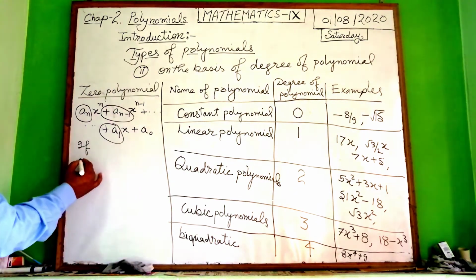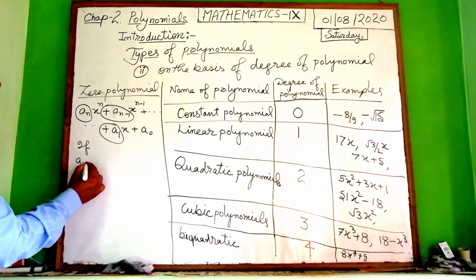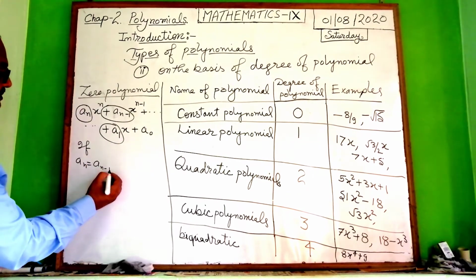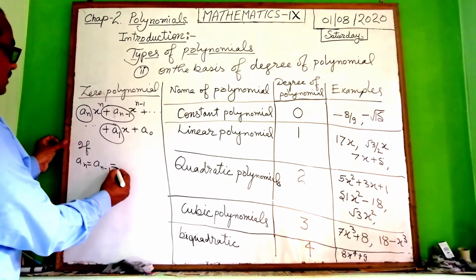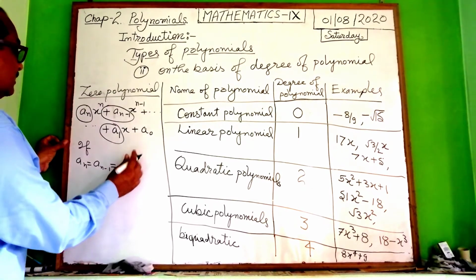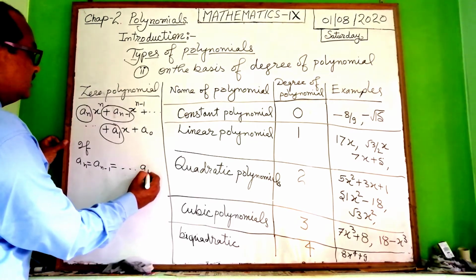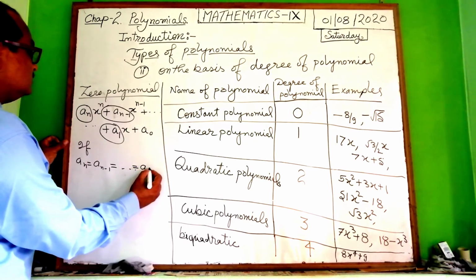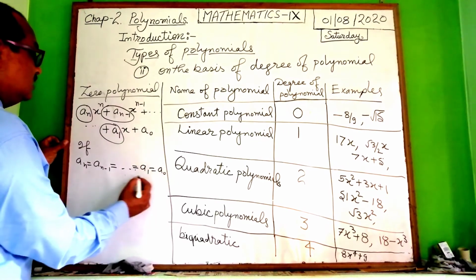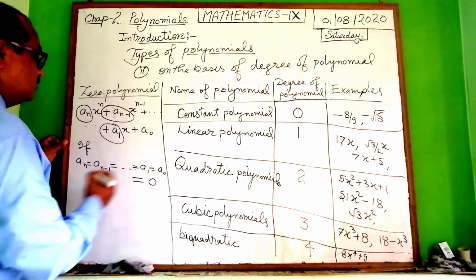You can see if an equals an minus 1 equals and so on, all these down to a1 equals a0, all become 0.